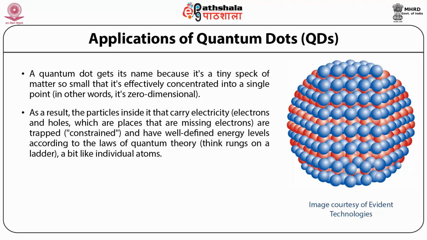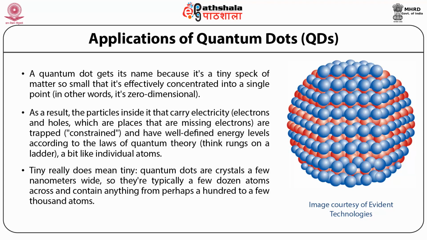As a result, the particles inside it that carry electricity, that is electrons and holes, which are places that are missing electrons, are trapped or constrained and have well-defined energy levels according to the laws of quantum theory, like rungs on a ladder, a bit like individual atoms.